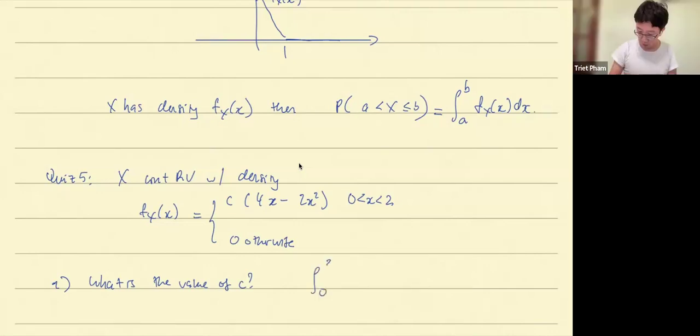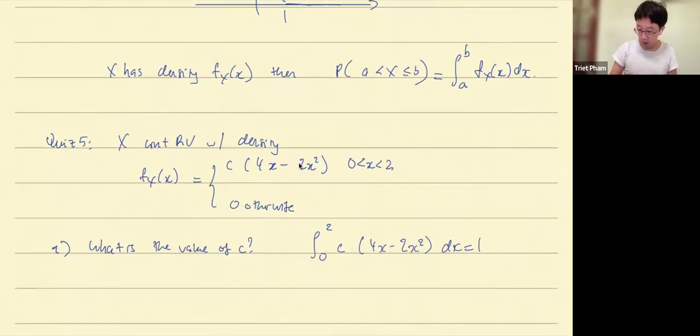Good, that's exactly it. So we integrate this from 0 to 2, and it must be 1. So C literally is 1 over the area of this integral, whatever that is. Abstractly, this is the answer, but of course you're asked to calculate that.